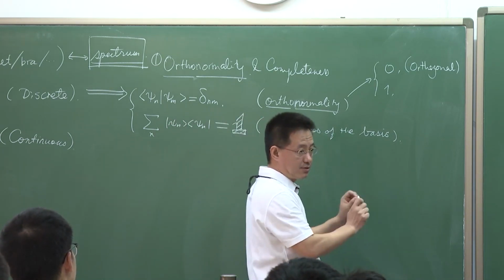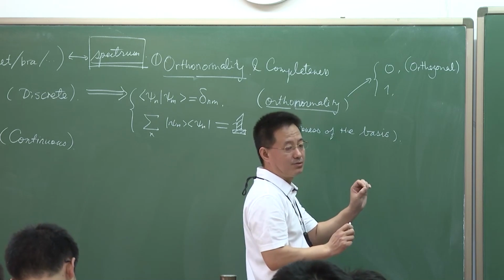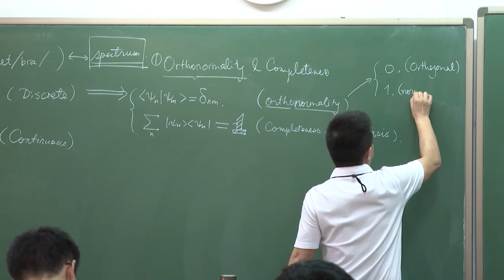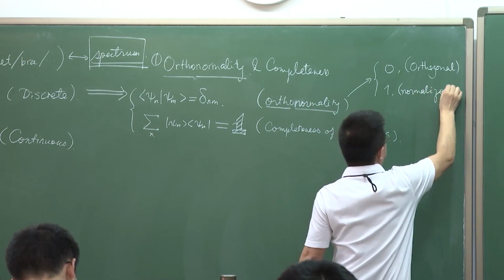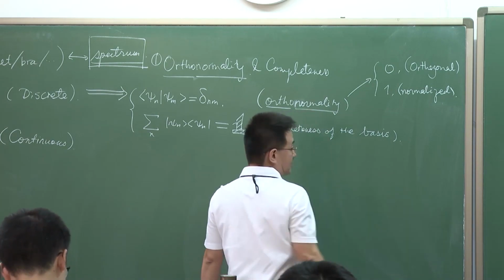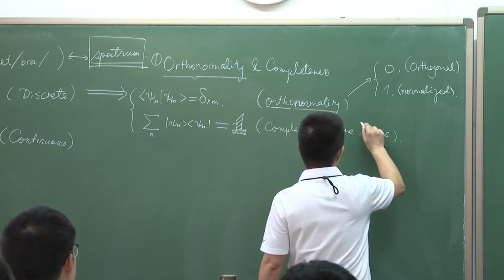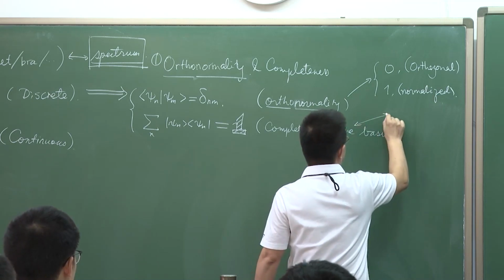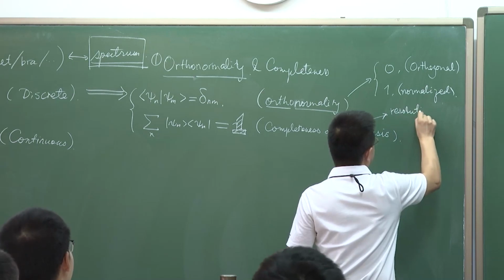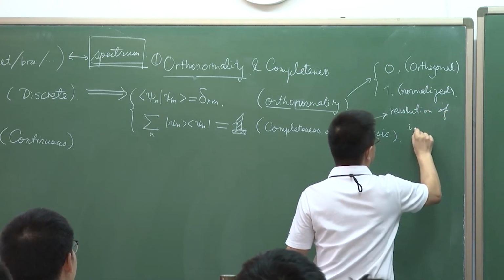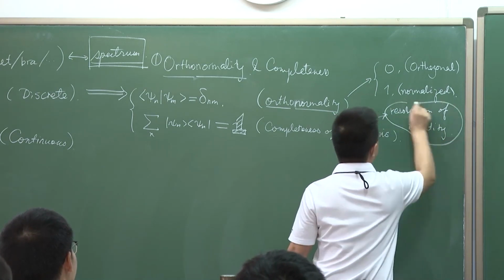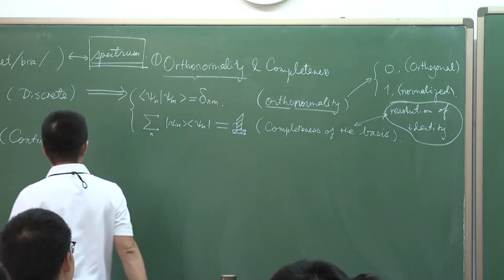And for each basis vector, the length is equal to 1. It's a unit vector, so that is normalized. Okay, we can prove that later. And the completeness condition for the basis of the eigenvectors, this relation is also called the resolution of the identity.